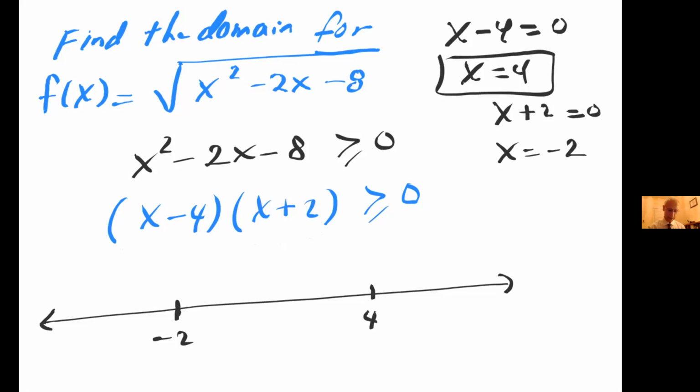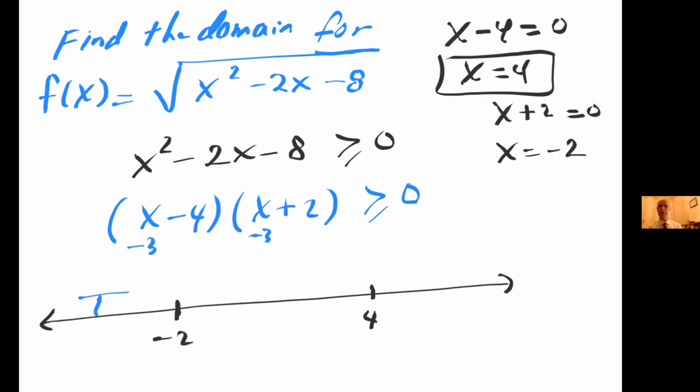If I plug in negative 3 for x, negative 3 minus 4 is negative 7, negative 3 plus 2 is negative 1, negative 7 times negative 1 is positive 7, and positive 7 is greater than or equal to 0. So I get a true statement to the left of negative 2.